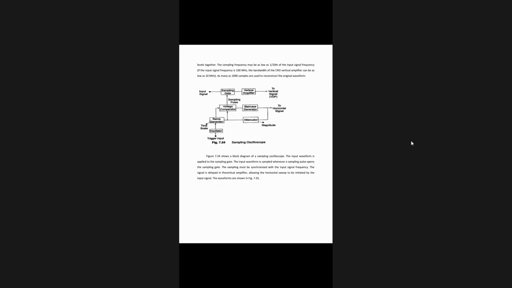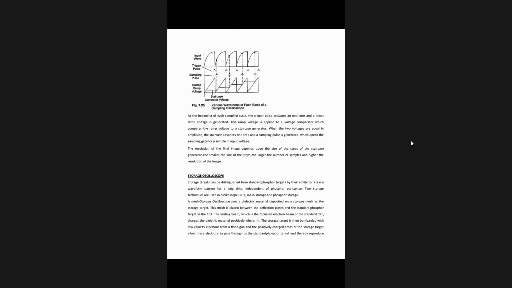The signal is delayed in the vertical amplifier, allowing the horizontal sweep to be initiated by the input signal. That is very crucial at this point. So this is the way the sampling is done and the sampling oscilloscope works. This block diagram is sufficient for understanding the sampling oscilloscope.